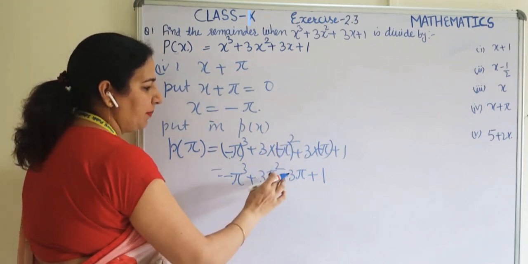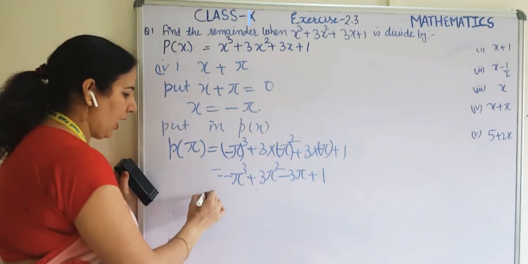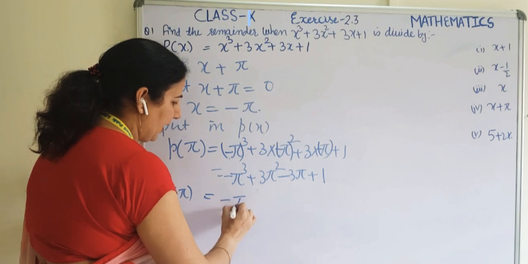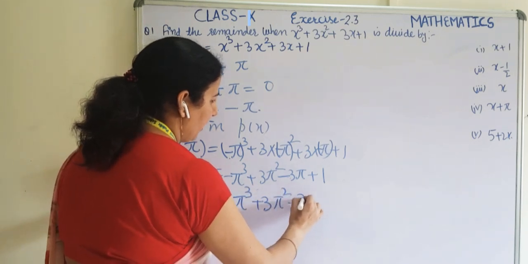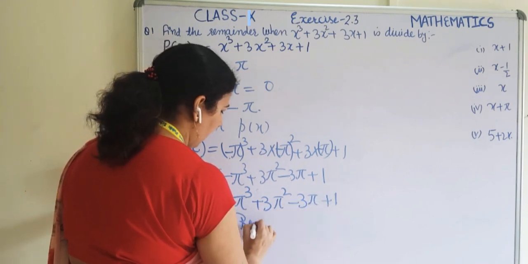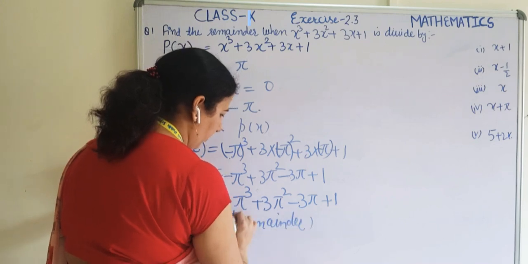Minus pi square is plus and minus pi is minus. So the answer of p(-pi) will be minus pi cube plus 3 pi square minus 3 pi plus 1. This is the remainder when you divide the polynomial by x plus pi.